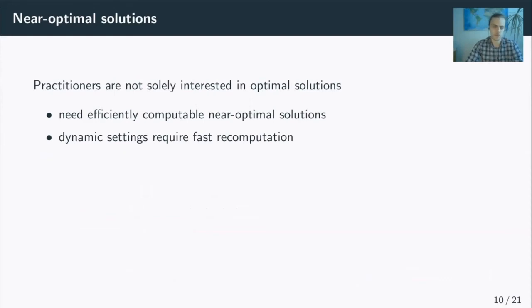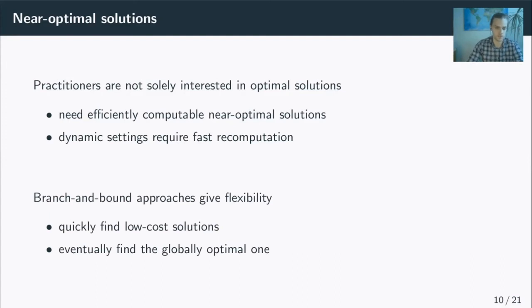Imagine, for example, in the wireless sensor network setting that one sensor node breaks down or its battery dies. Then you would like to quickly come back to a somewhat reasonable working state, and you don't really care in the first place whether it's the optimal one.